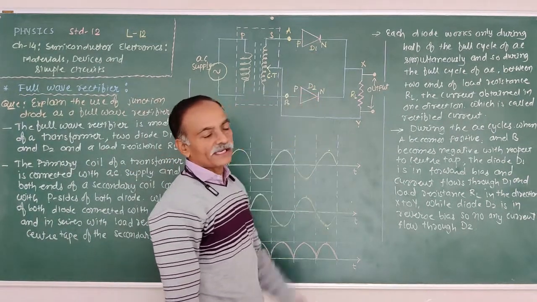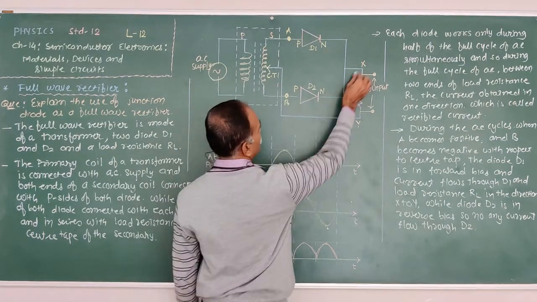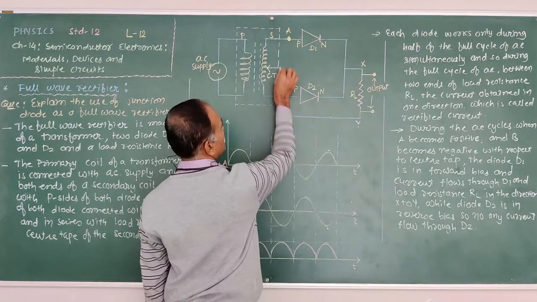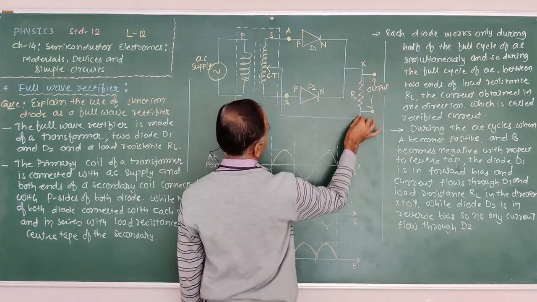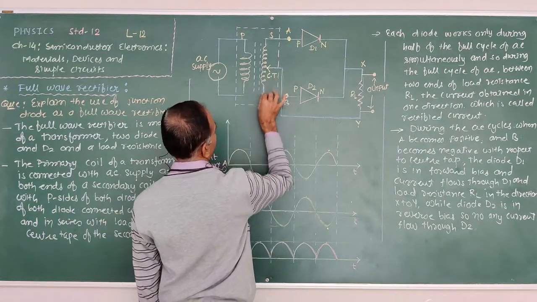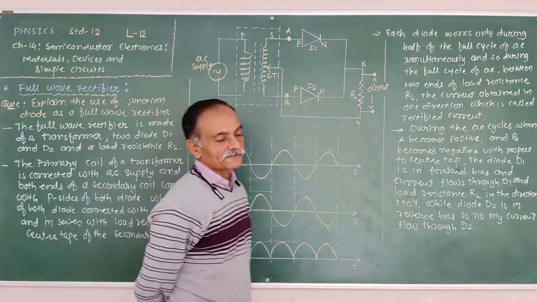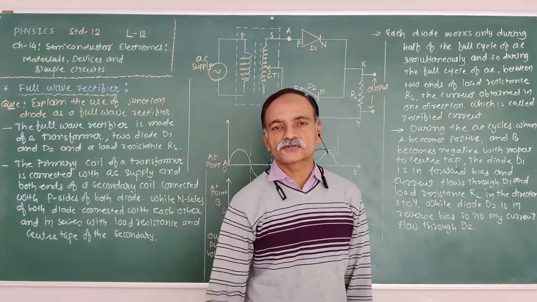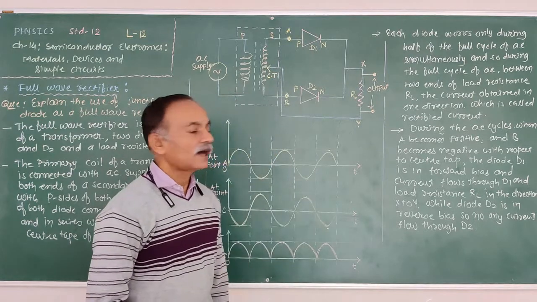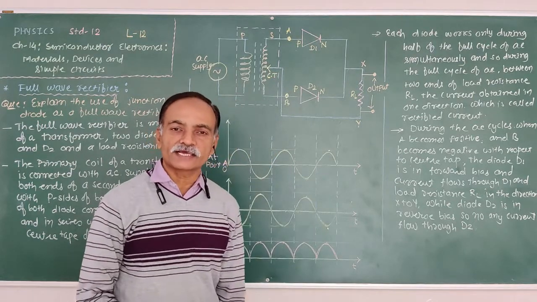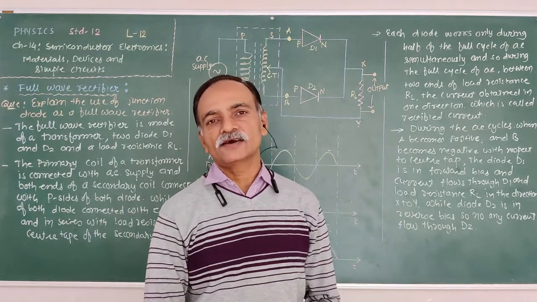At that time, diode D2 is working, and current flows through diode D2, load resistance RL and the center tap. Thus, during both half cycles, current flows through the load resistance and we get the output voltage across the load resistance during the complete AC cycle.